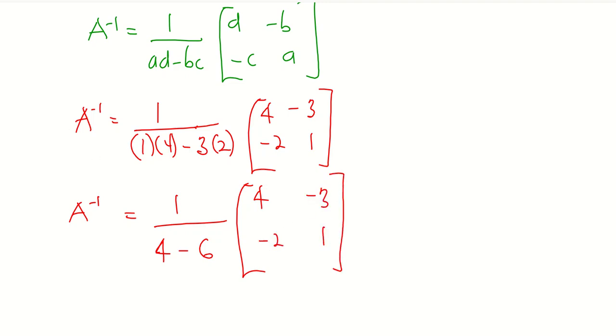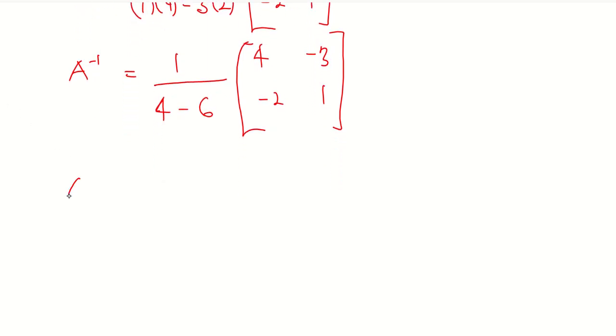Now we continue, and we have A inverse equal to, now 4 minus 6 is minus 2, so we have 1 over minus 2, then we have the adjoint matrix, that is 4, minus 3, minus 2, 1.